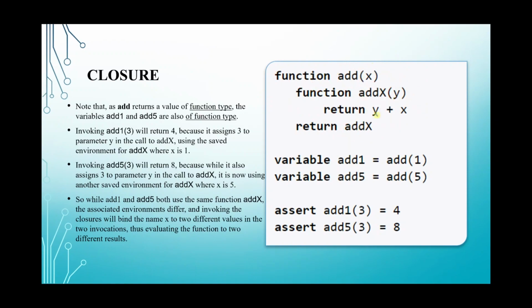So let's see how we are going to use that. We are going to declare a variable, and this variable is anonymous, so you don't have a type for it. We are going to call it add1. And we are giving that variable the function add, and for x, we are giving it 1.